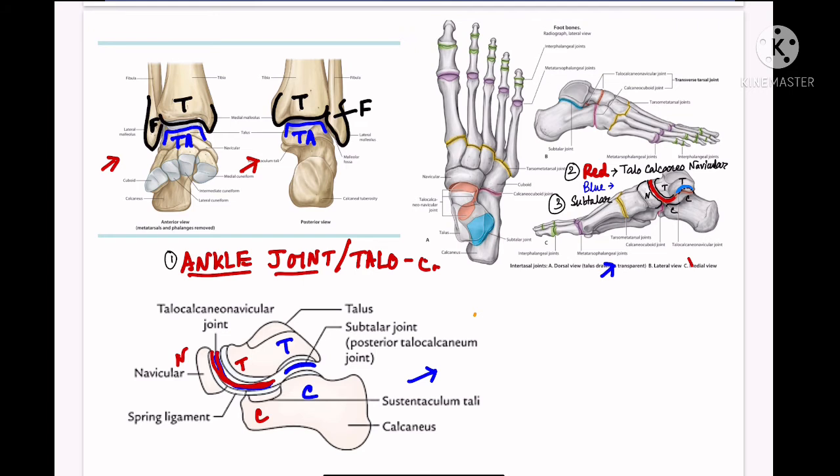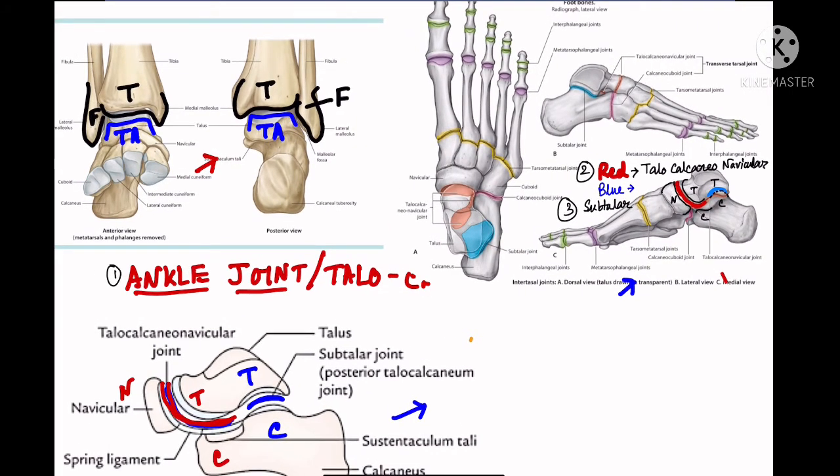Look at this diagram. Here the talus has been made transparent, and the blue colored joint between the undersurface of the body of the talus and upper surface of calcaneus, that is the subtalar joint.